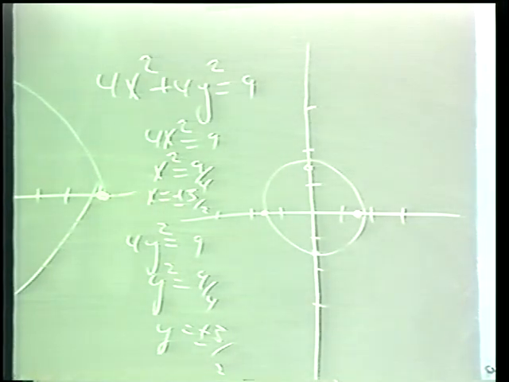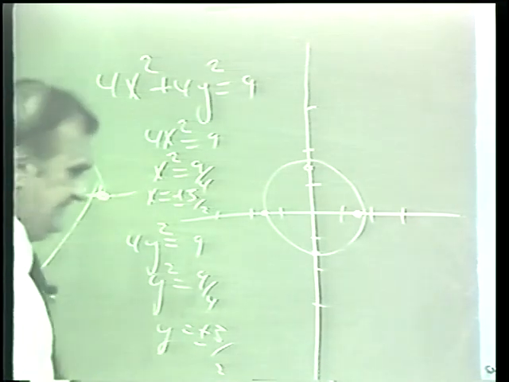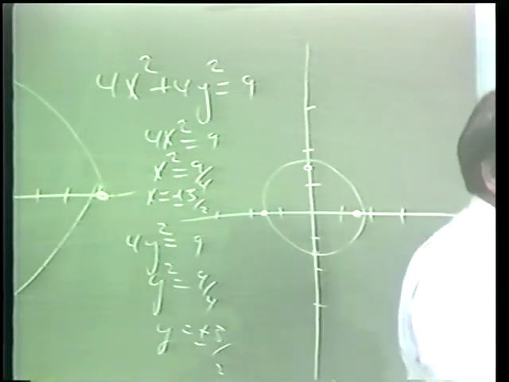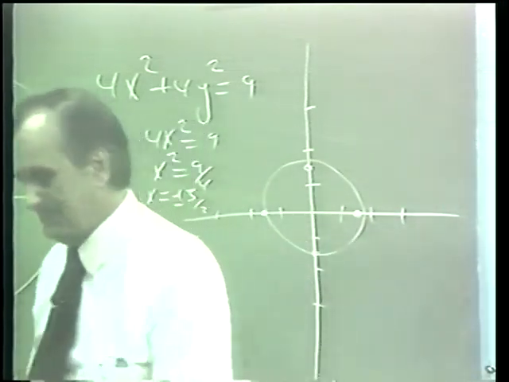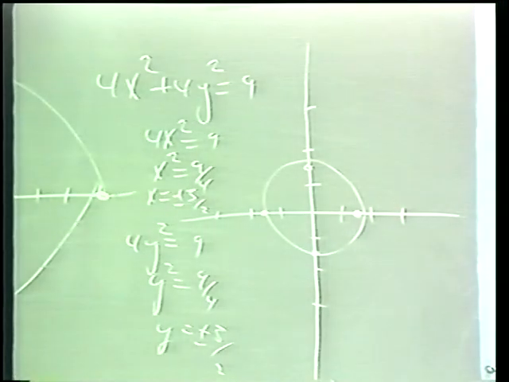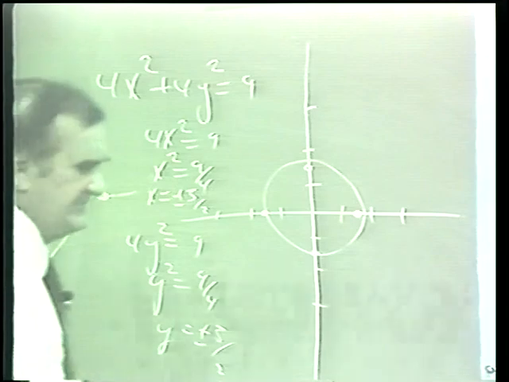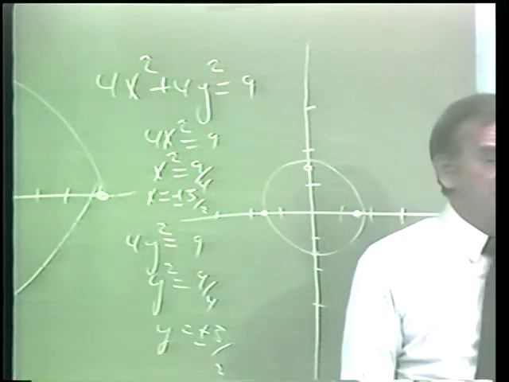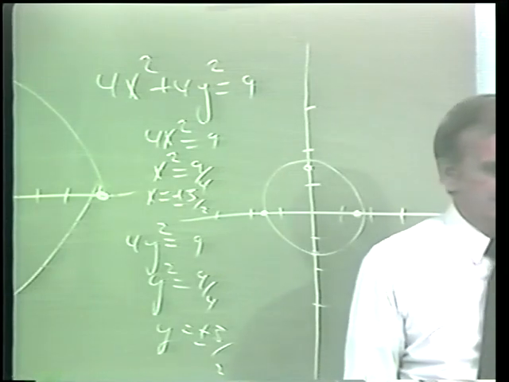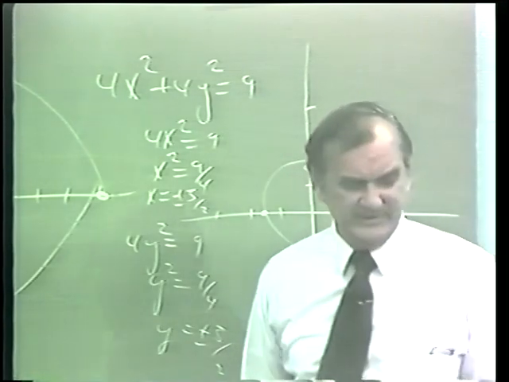Okay? I'd like you to turn to page 268. At the top of page 268, there should be 16 problems, 16 equations. What I'd like you to do is go through those equations and pick out the ones that are circles.